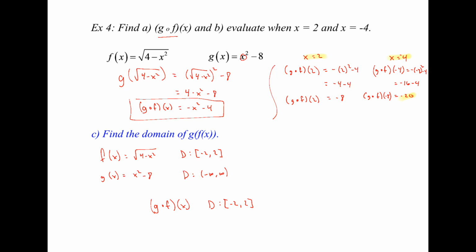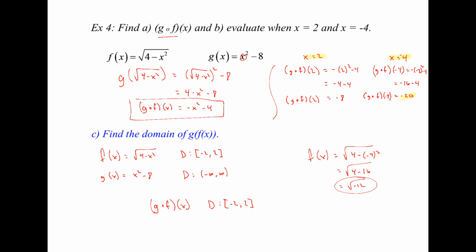If you plug in negative 4 for f of x, so if you say f of x equals the square root of 4 minus negative 4 squared, what happens? That's the square root of 4 minus 16. So we have the square root of a negative number, which is not part of the domain. So even though the square root's being squared and those undo each other, this is not a real number.